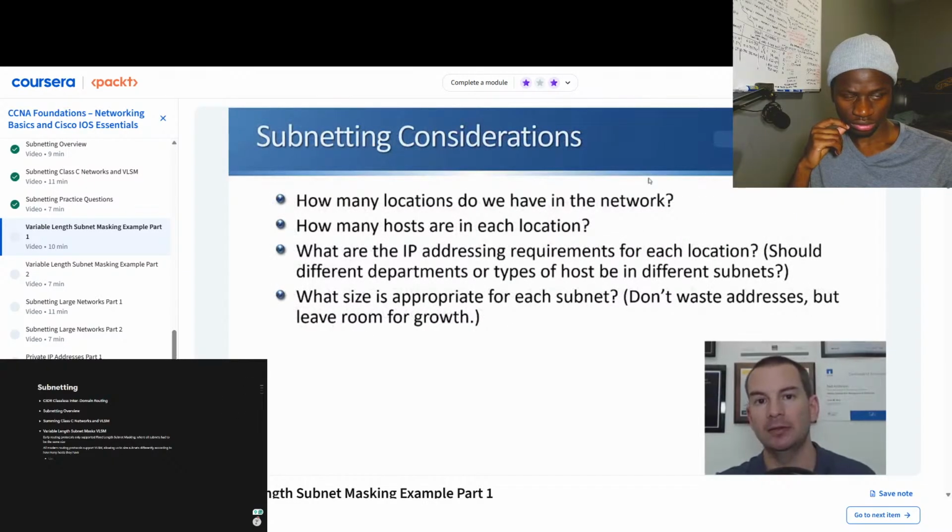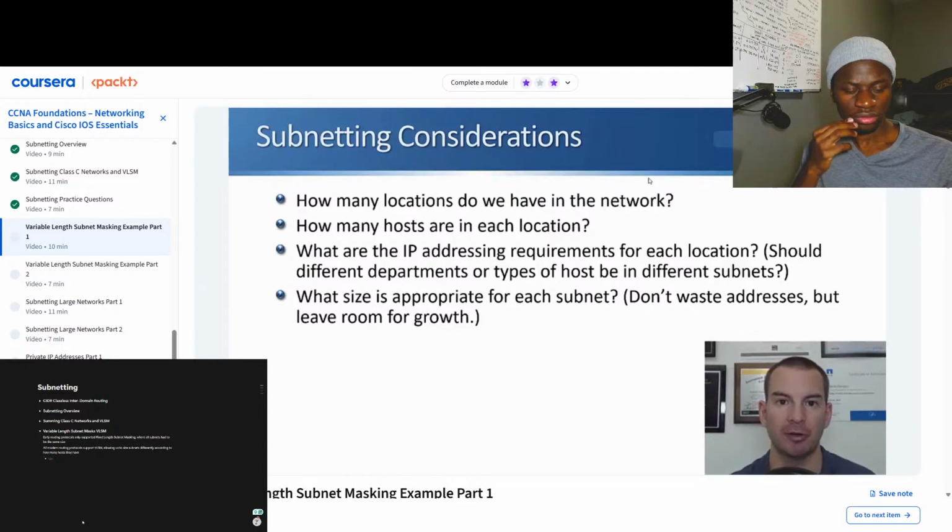The things that we need to consider when we're going to do the design are how many different locations do we have in the network that are going to need subnets, and how many hosts are going to be in each of those subnets. What are the IP addressing requirements for each of the different locations? So should different departments or types of hosts be in different subnets?